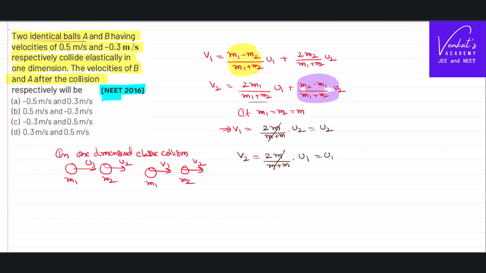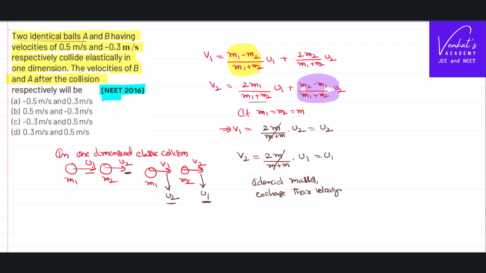If you notice carefully, v1 has become u2, v2 has become u1. So before collision u1 and u2, after the collision u2 and u1. So what we can say? Identical masses after one-dimensional elastic collision exchange their velocities.